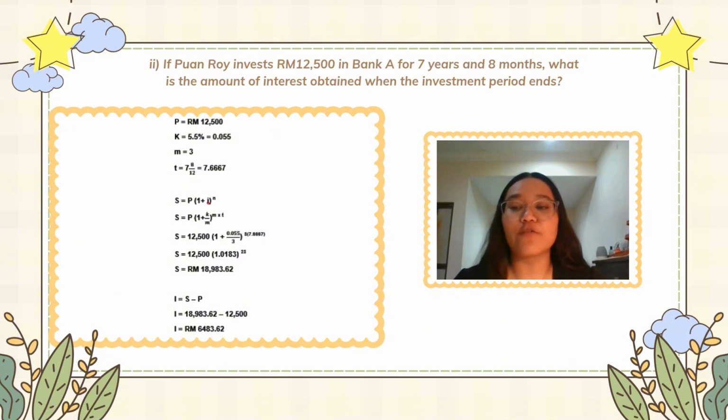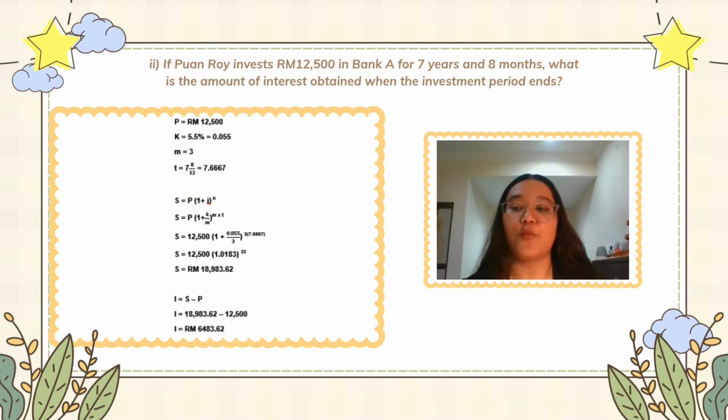Today we'll be discussing question 1, compound interest. If Puan Roy invests 12,500 in bank A for 7 years and 8 months, what is the amount of interest obtained when the investment period ends? From the question, bank A has a 5.5% interest rate compounded every 4 months.